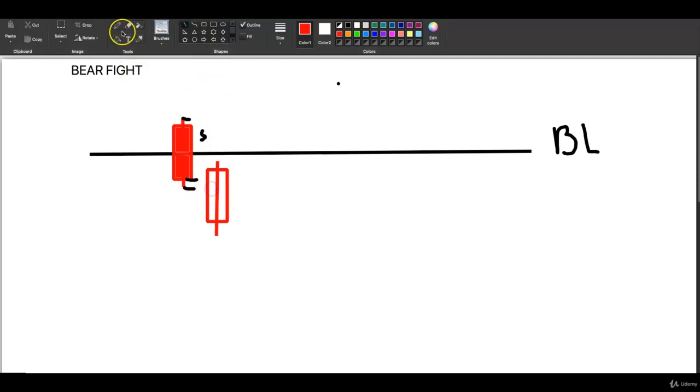So at this candlestick we are going to place our trade, and the condition for this candlestick is that its body should close below the previous candlestick's low. This is very important. This bearish candlestick body should close below the previous candlestick low. Then only we are going to place our trade at this point.